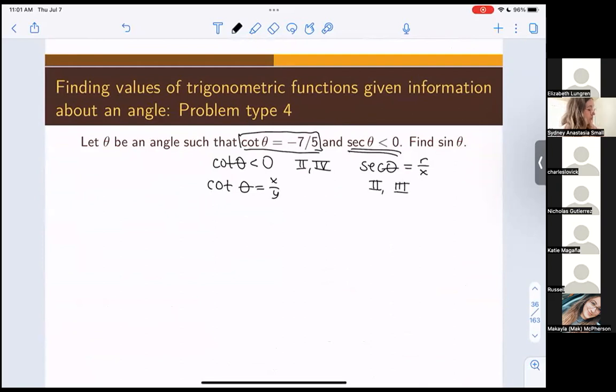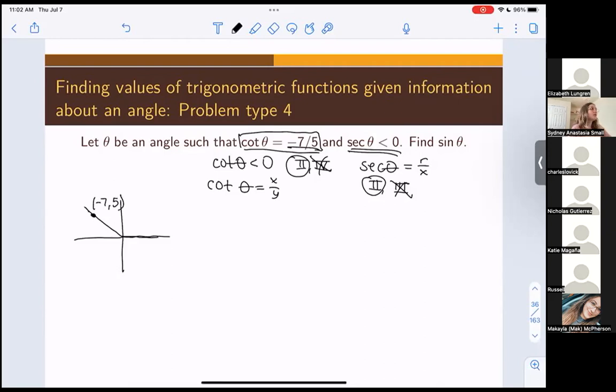Now, from these 2 answers, which quadrant do those 2 have in common? Quadrant 2. So we know that our angle lies in quadrant 2, and we have some of its dimensions already, so we are able to sketch it. Okay, so we have this guy here. We know the angle is in quadrant 2, and here's a point, and we know that point is -7, because we are going in the negative x direction, comma 5.